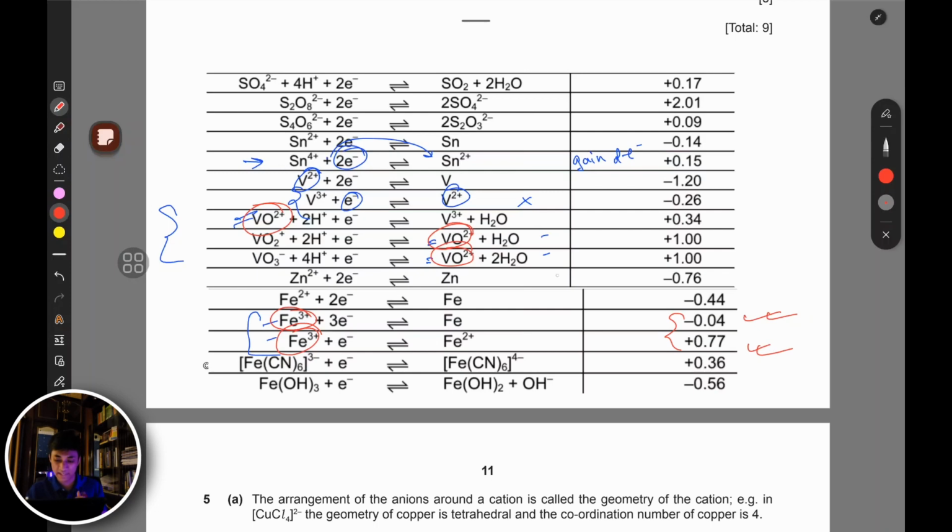Over here, both of these, very interestingly, have the same electrode potential. So let's compare: positive 1, 1 volt, and for these it is either minus 0.04 or 0.77. Are these lower than this electrode potential?